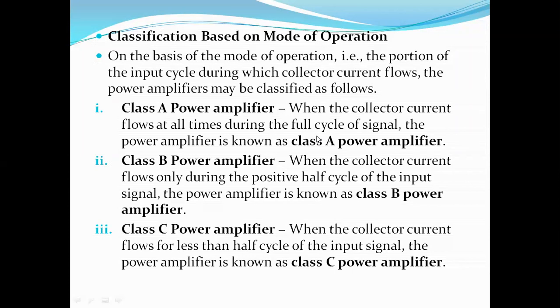Okay. So if you are applying a full cycle, that is positive cycle and negative cycle, to the power amplifier, and the transistor conducts for the full cycle of the input signal, and we get a full cycle at the output, those power amplifiers are called class A power amplifiers.